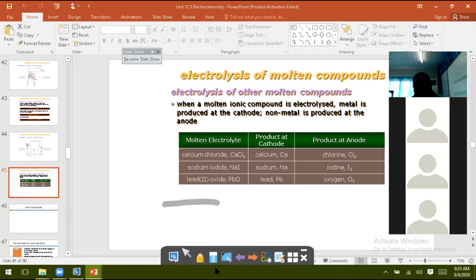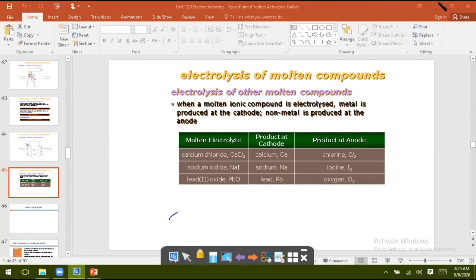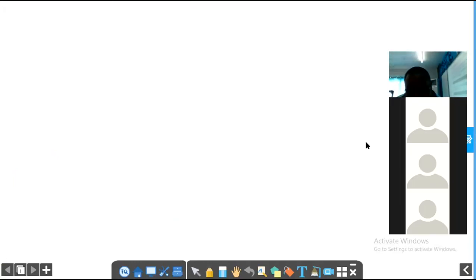I'll just try to write some half equations, but I don't know how I'm going to move from this screen to the smartboard. Let me just try it out first. I can't.